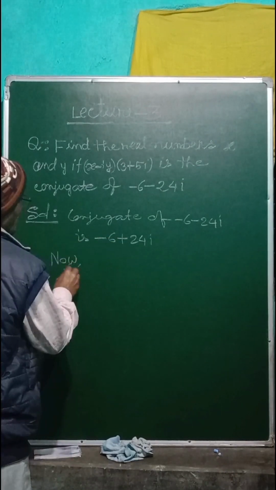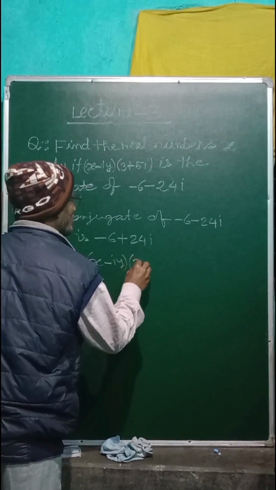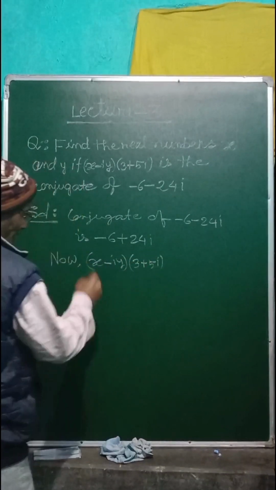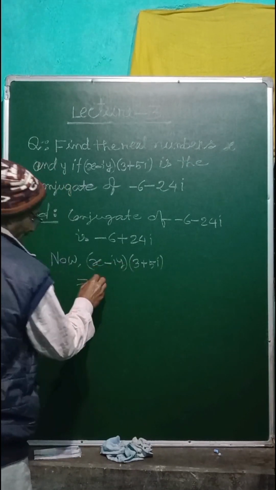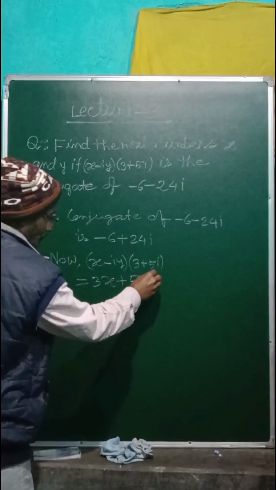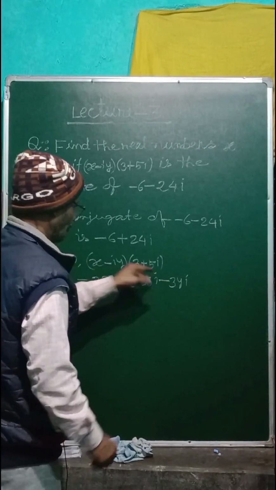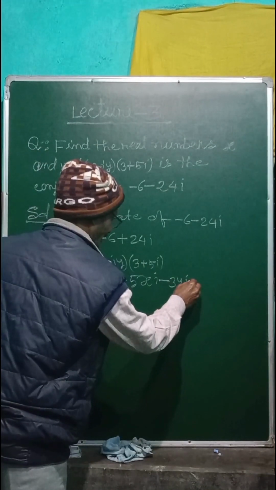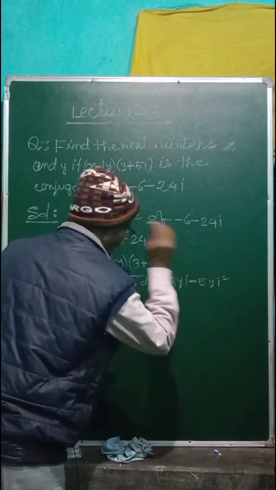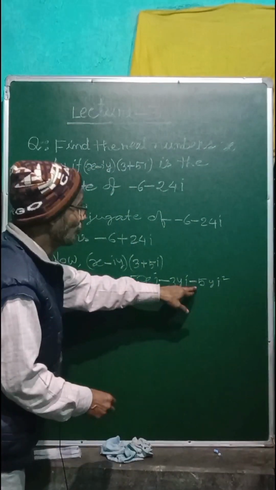Now (x minus iota y) into (3 plus 5 iota) equals 3x plus 5x iota minus 3y iota, then minus into minus 5y iota square, equals 3x and this will be plus.